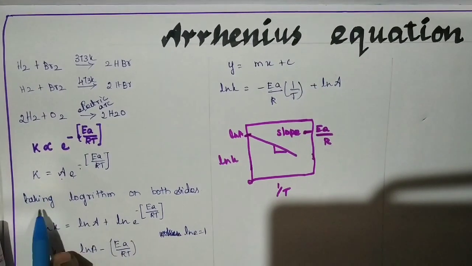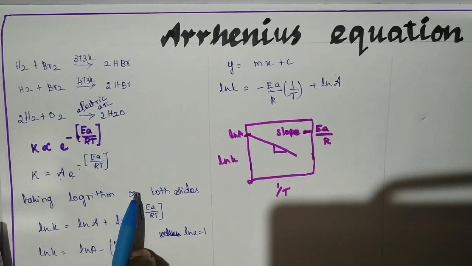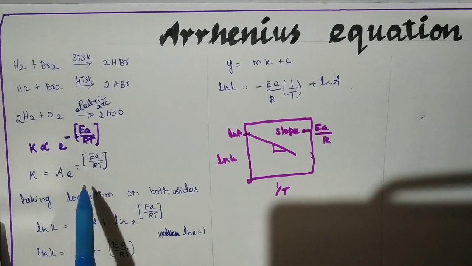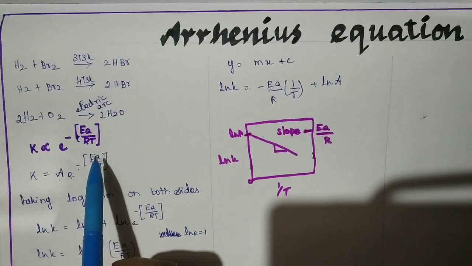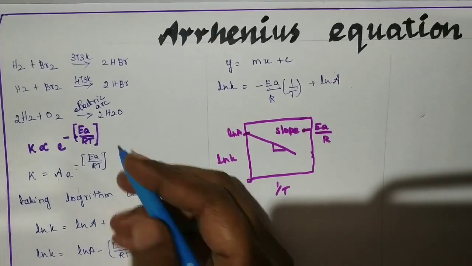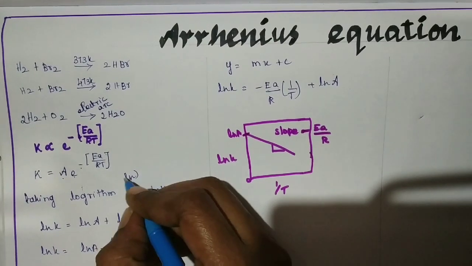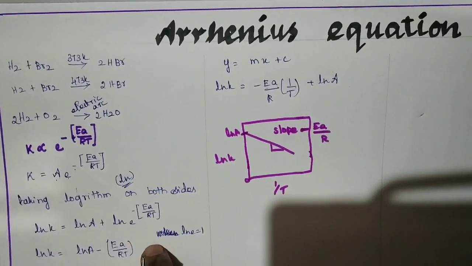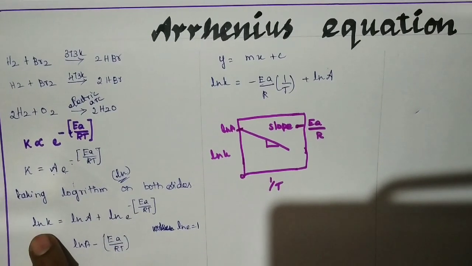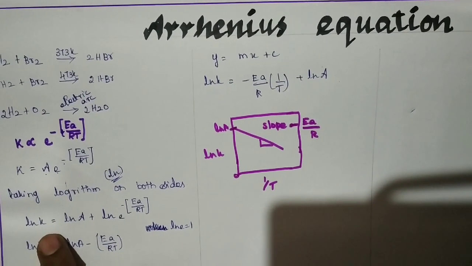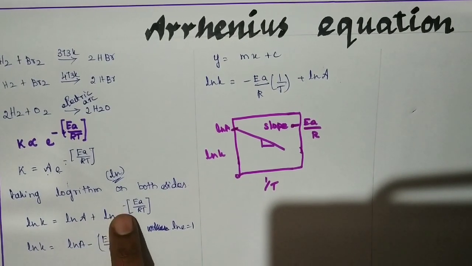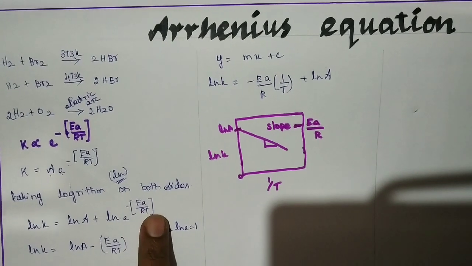Then taking the natural logarithm on both sides, that is ln. Therefore, ln k is equal to ln A plus ln e power minus Ea by RT.